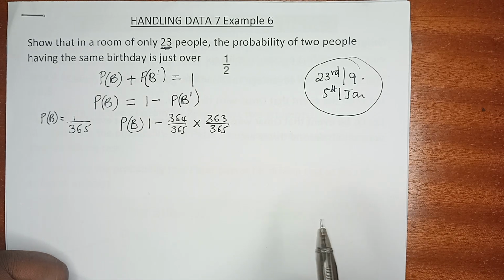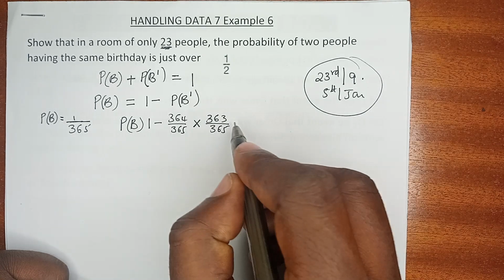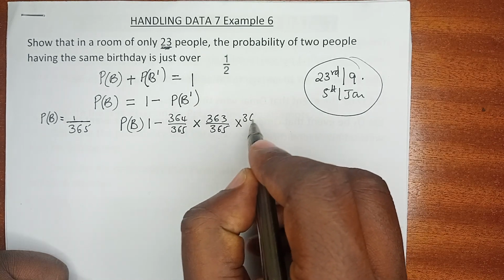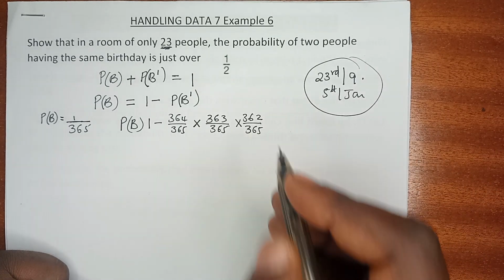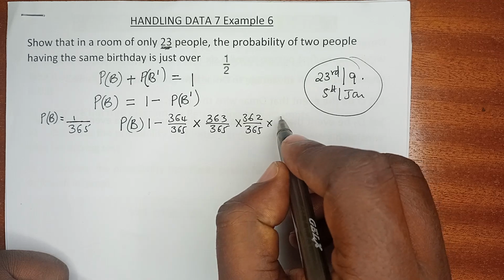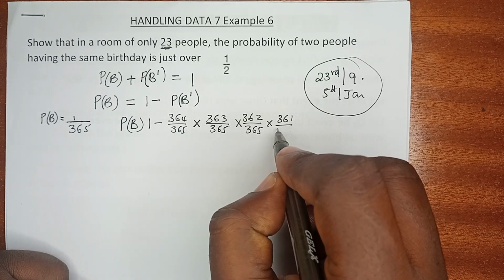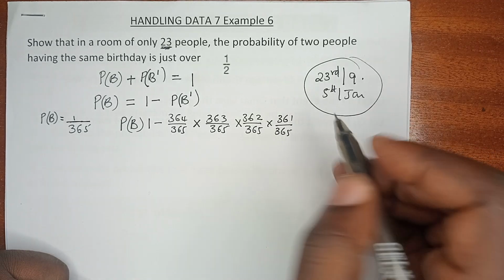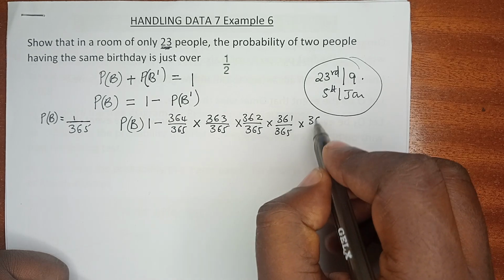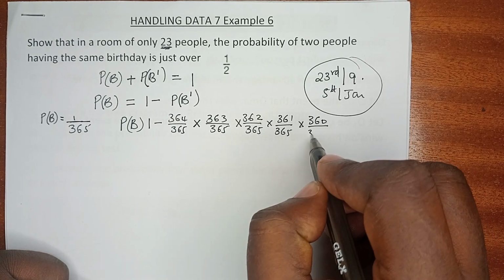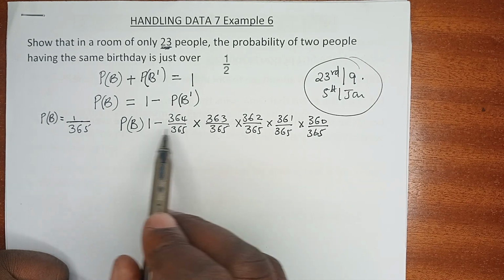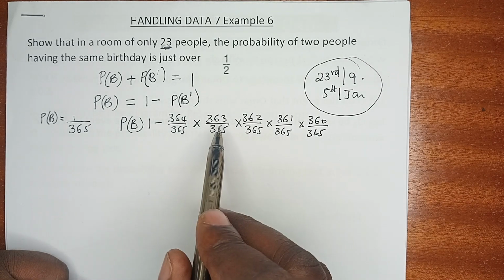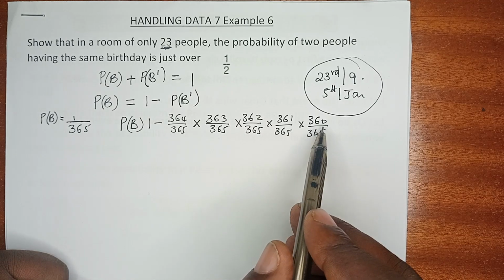If we happen to select now the third character, not the fourth character, he will be having 363 out of 365. The fourth character will be having 362 out of 365. The fifth character, he will be having 361 out of 365. The sixth character, 360 all over 365. This is character 1, character 2, character 3, 4, 5, 6.